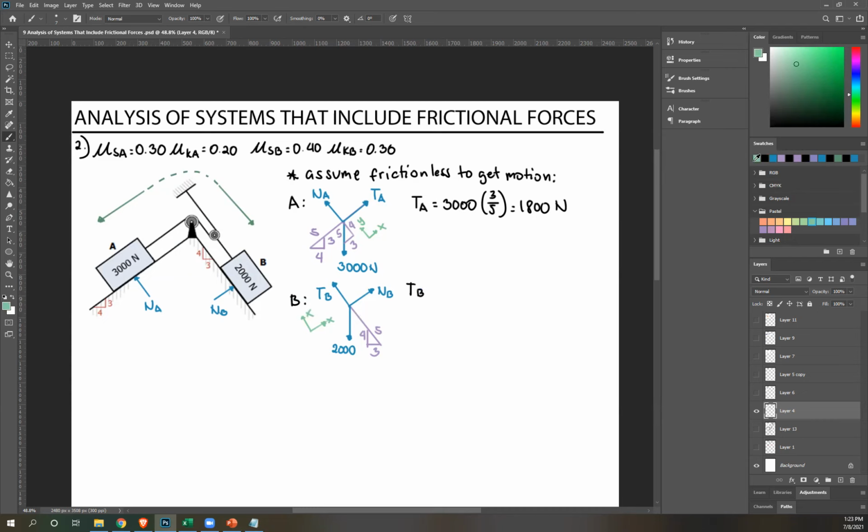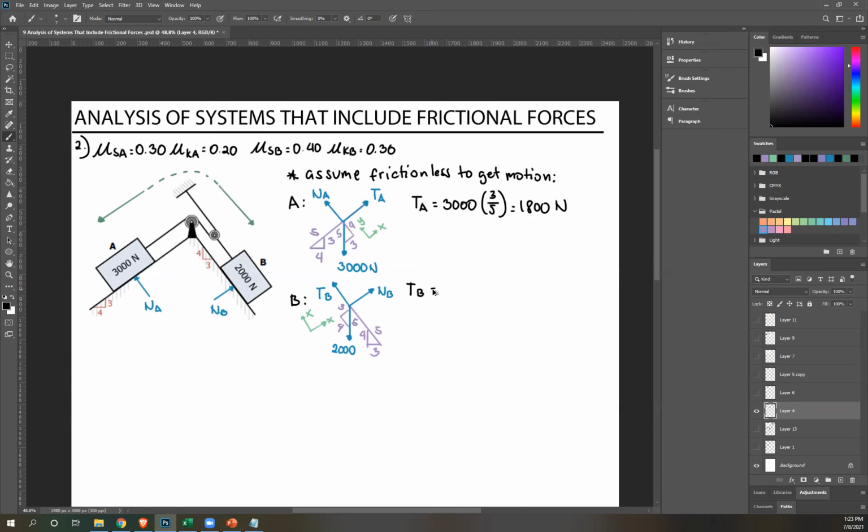So to get TB now, I need the slope of this. And to get the slope of that is just the opposite of this. So here, base 3. Here, this is your base. Base 3, here it's your height 3. Base 4, hypotenuse 5. Again, it's just the opposite of your original slope.